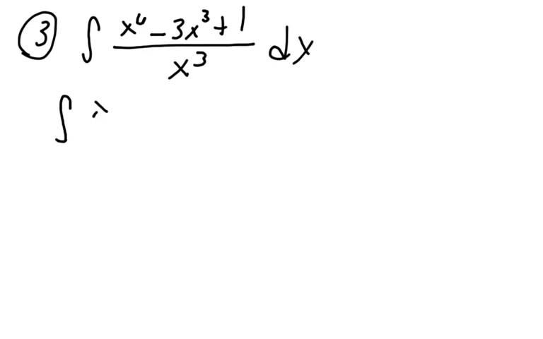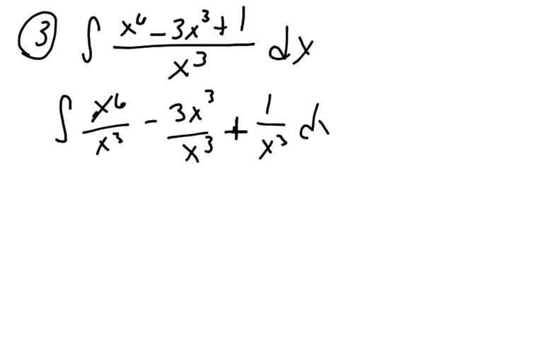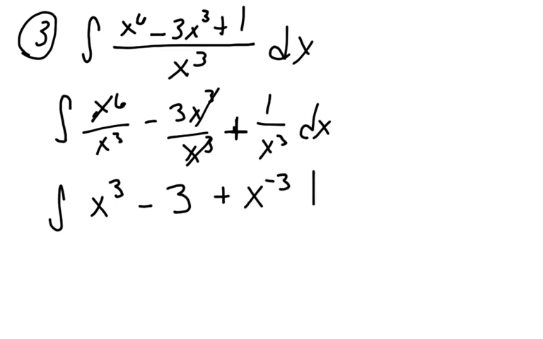So the first thing I'm going to do is take every one of my terms in my numerator and divide it by that denominator to simplify, oops, that's a plus, my integrand. Okay, so x to the 6th divided by x to the 3rd, that means we subtract the powers, that should be x to the 3rd. These divide out, so minus 3, and then 1 over x cubed is x to the negative 3rd power.